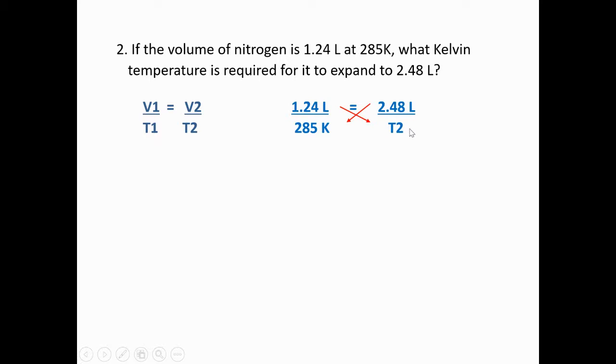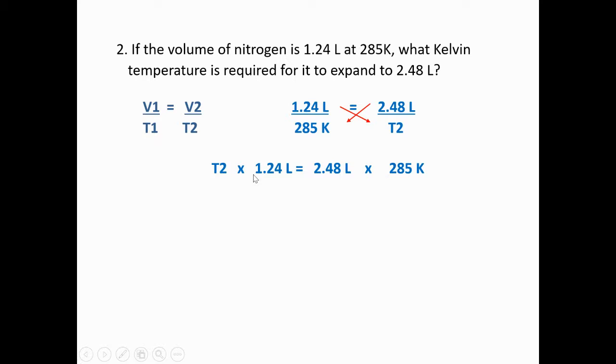And when X or T2 is on the bottom, it's especially important to cross multiply. If you were to divide both sides by 2.48, that would not give you T2. That would give you 1 over T2. So please get used to cross multiplying.